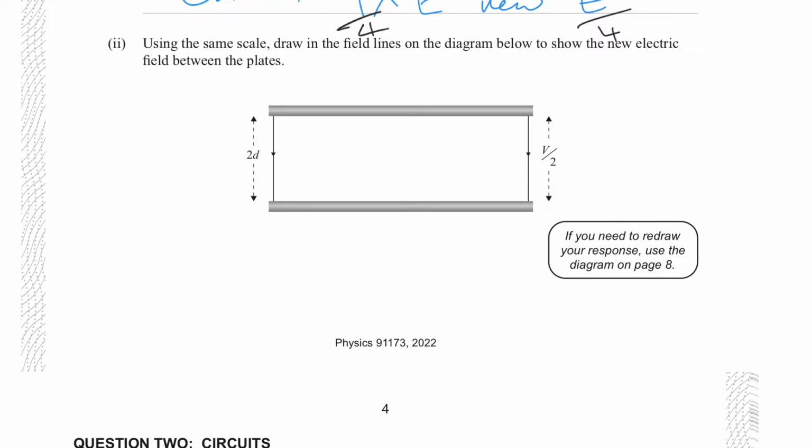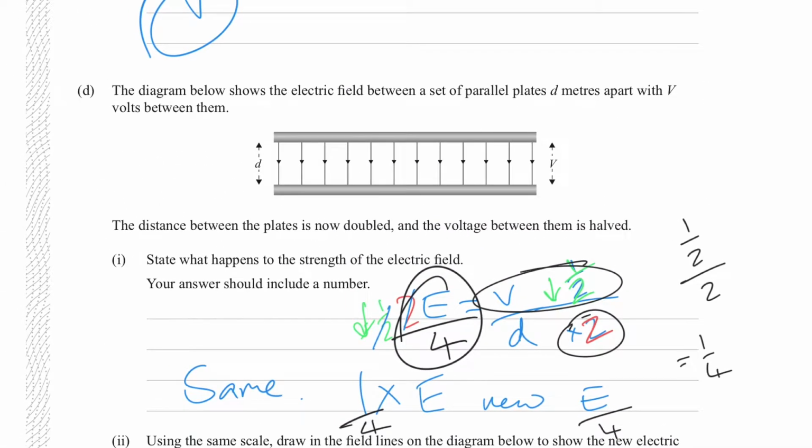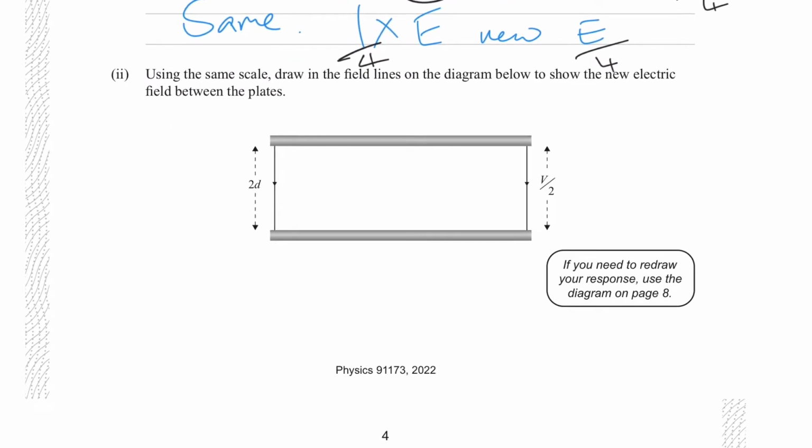Anyway, using the same scale, draw the field lines on the diagram below to show the new electric field between the plates. So basically, if it's the same scale, 1, 2, 3. So we've got 1/4. So we're losing a quarter of the field line. So it's like, you know, very short.